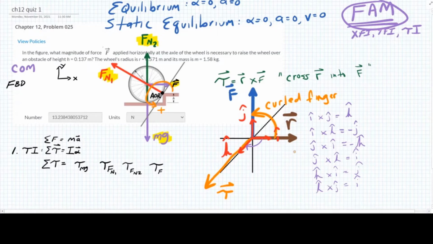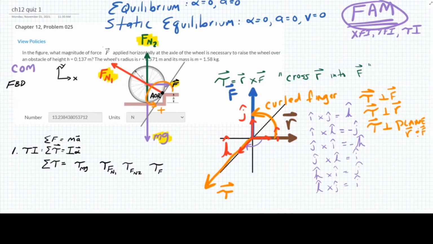You can see from this that torque is always perpendicular to F, and torque is always perpendicular to R, and torque is always perpendicular to the plane formed by R and F. This is good stuff. Anyway, that's way off on a tangent, but it's related.